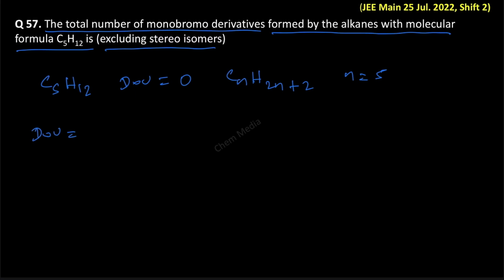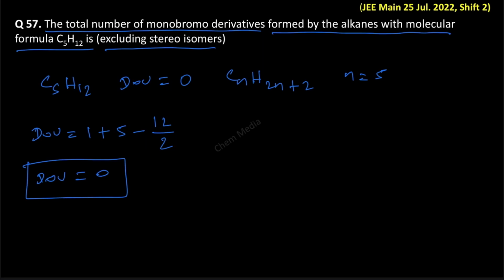Degree of unsaturation in this case is 1 plus number of carbon atoms, that is 5, minus number of hydrogen atoms by 2, so 12 by 2. So 6 minus 6 would be equal to 0. So therefore we don't have to worry about double bonds or rings.